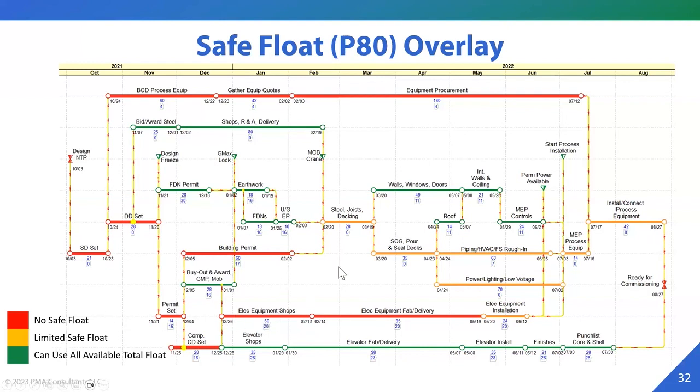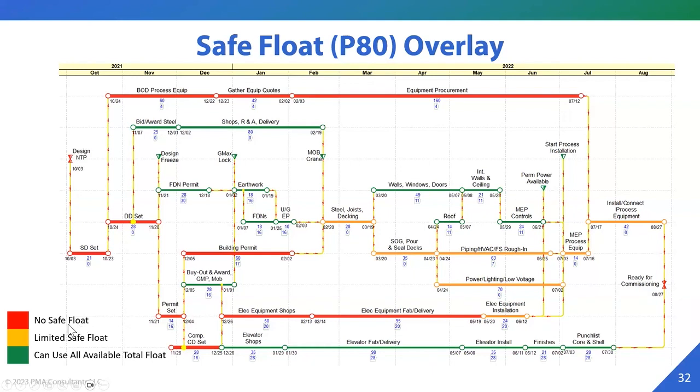Yellow or the orange ones kind of show activities that have some positive safe float, but it is limited. And the green tasks actually are those that have pretty much all the float you can use. So each time, if you use all the available float that they have at the moment, it should be fine.